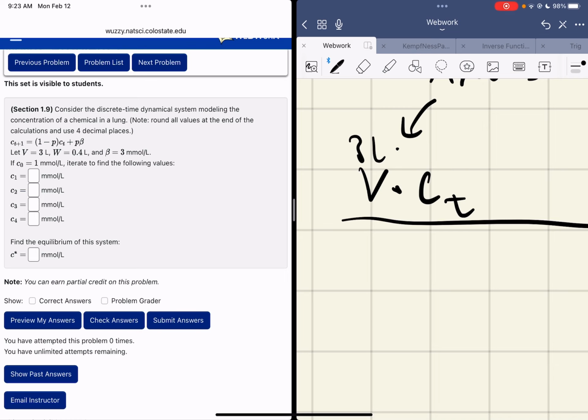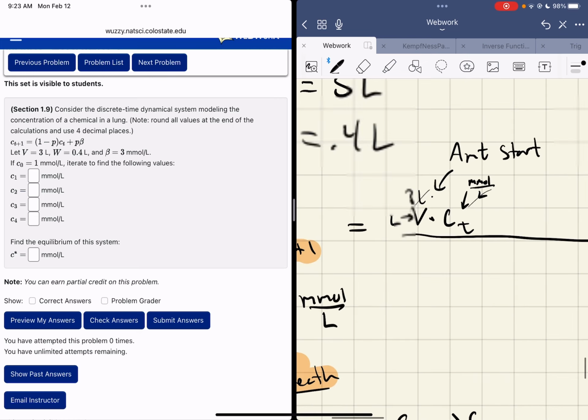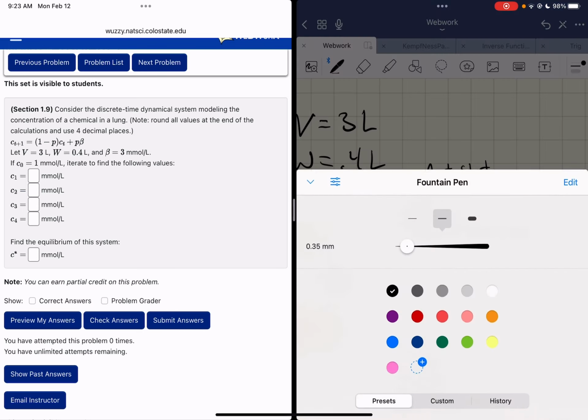I'm describing the process. What I need to know is that the units of this number are millimoles per liter, and the units of this number are liters. If I multiply them, the liters cancel, and I have some amount of millimoles in my lungs when I first begin my breath, meaning I haven't exhaled yet. So V times C_t is the amount that I start with.